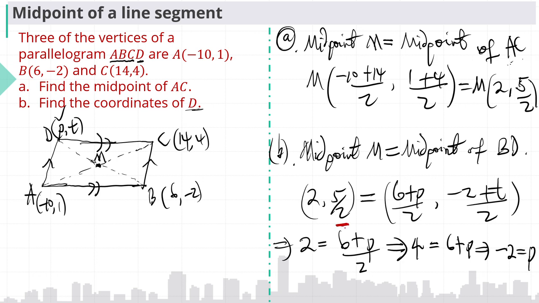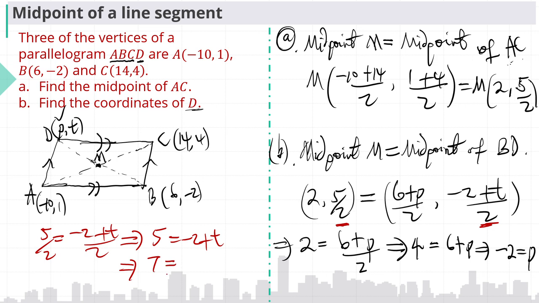Again, the y coordinate on the left hand side should be equal to the y coordinate on the right hand side. And so 5 divided by 2 is equal to minus 2 plus T divided by 2. It implies 5 equals minus 2 plus T. That's when you multiply both sides by 2, your equation reduces to this. Now add 2 to both sides and you get 7 equals T.